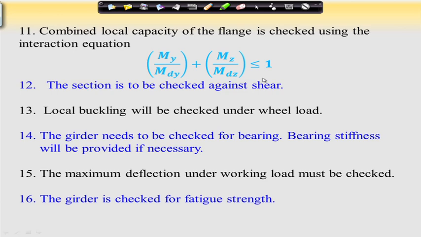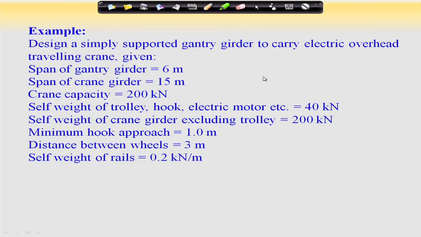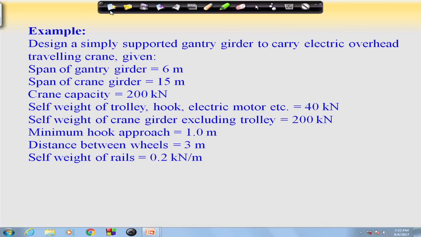Next, we will go through one example following these steps. The example is this: we need to design a simply supported gantry girder to carry an electric overhead travelling crane, where the span of the gantry girder is 6 meter and the span of the crane girder is 15 meter.